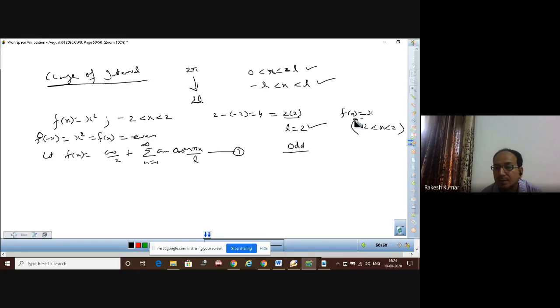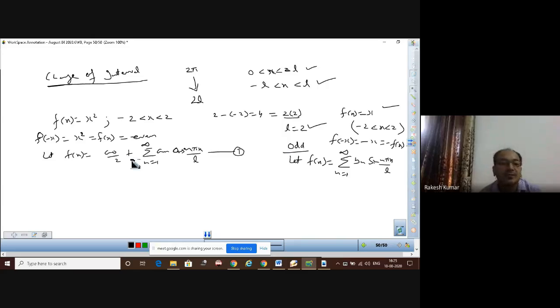Then the function is odd because f of minus x is minus x, that is minus f of x, which is the statement of an odd function. When the function is odd, the Fourier series will be f of x equal to summation bn sine of n pi x over L, n is 1 to infinity.